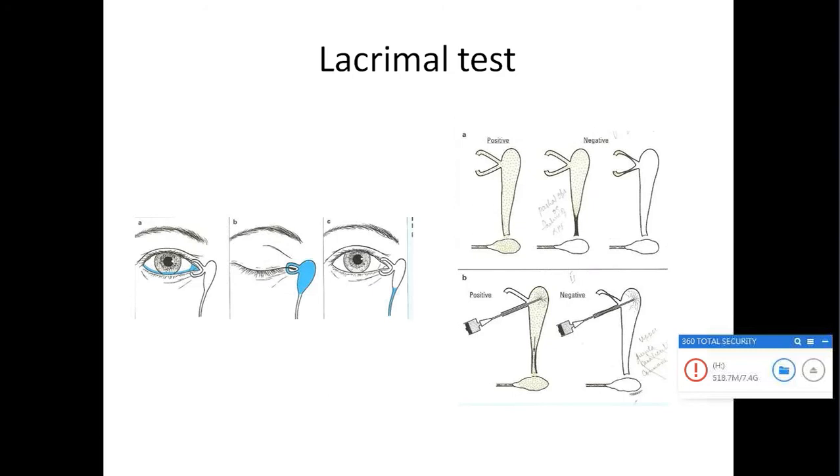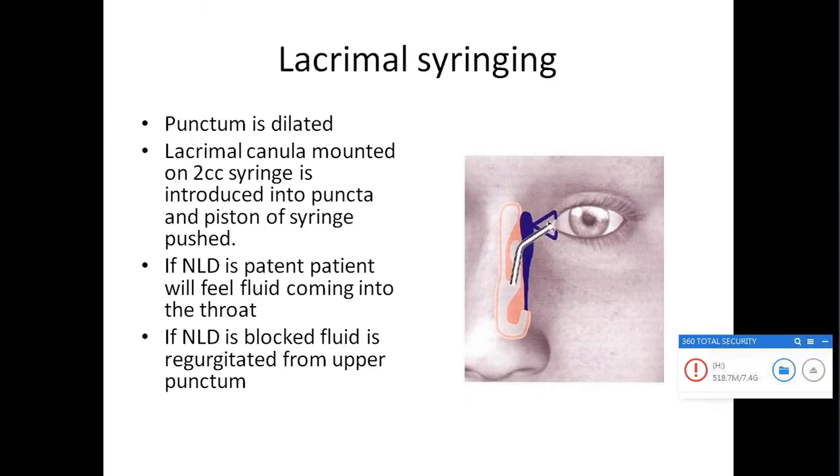When the patient is lying down, the patient will tell that something is coming into my throat and will try to swallow it. You can see the movement of the gullet or the trachea of the patient. So if lacrimal syringing is positive, then you deduce that the nasolacrimal duct is patent.